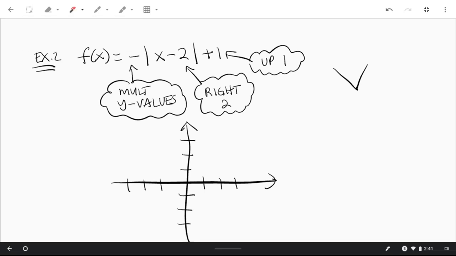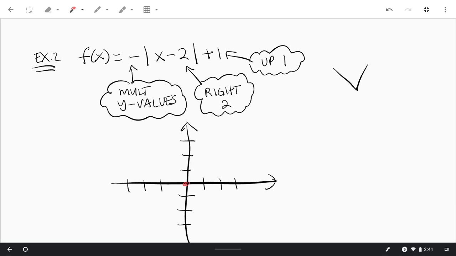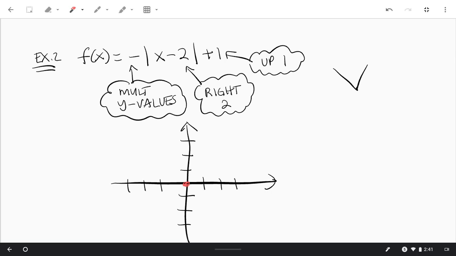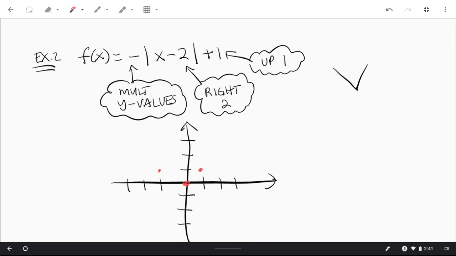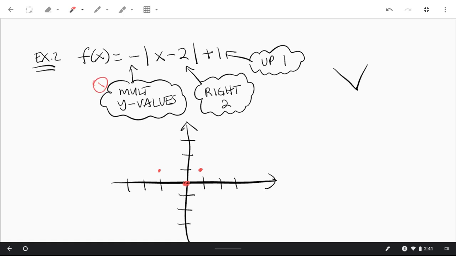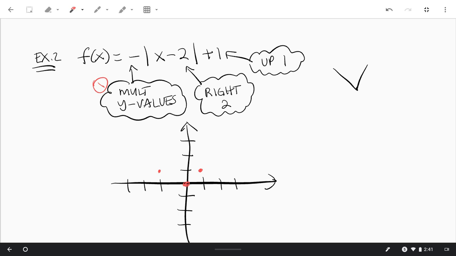Okay, so the original parent function has points at 0, 0, 1, 1, negative 1, 1. Okay, so we have these 3 points. We always start off here with our multiplier. Okay, so multiply all the original y values by negative 1. Okay, so let me go blue.